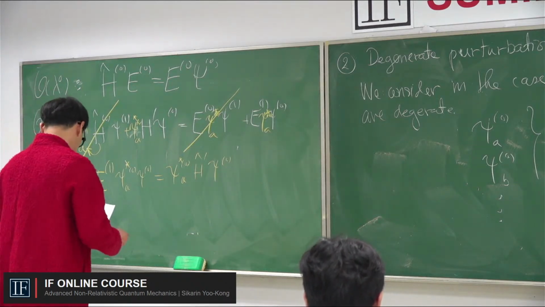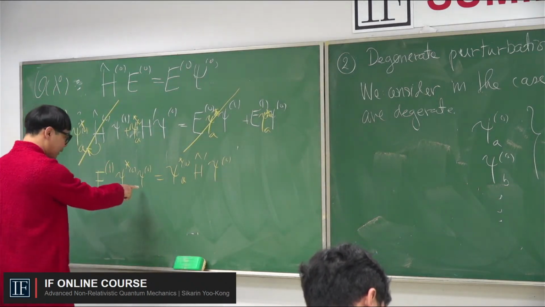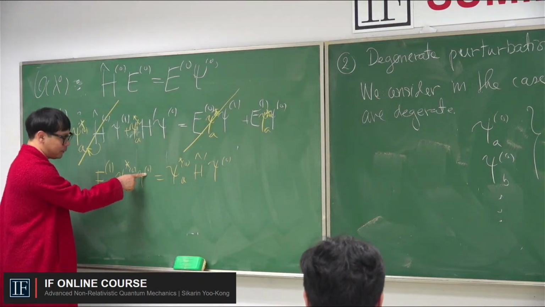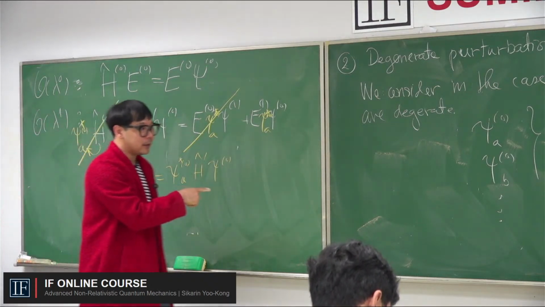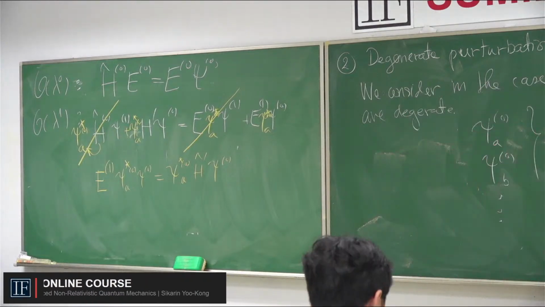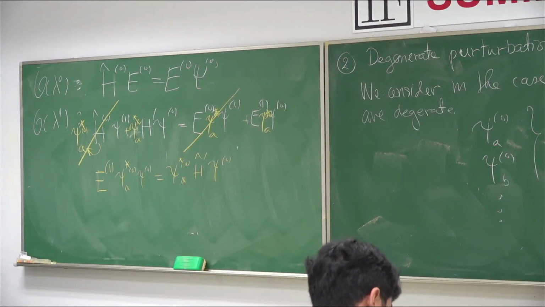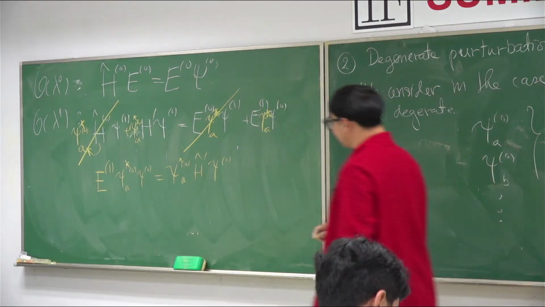But you know that actually this unperturbed state here can be put in a linear combination of A and B in this way. So you put that back here.